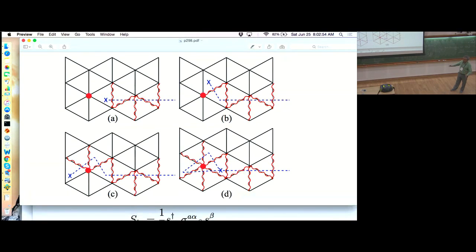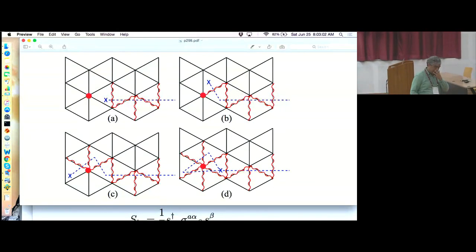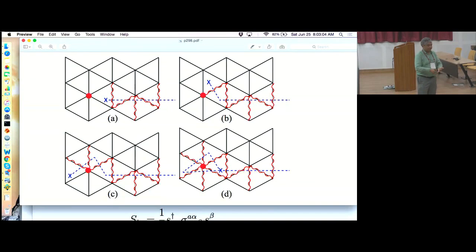And in the end, you can conclude that the universal structure, the nature, the quantum numbers of the excitations, the electric and magnetic charges, and the mutual statistics are identical to certain spin liquid states, which are called Z2 spin liquids for this reason, as they are for just the pure Z2 gauge theory with its excitations.